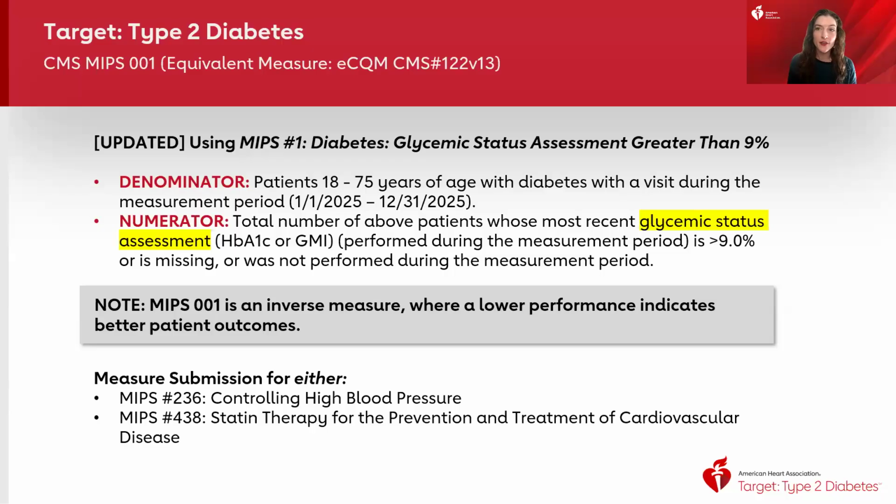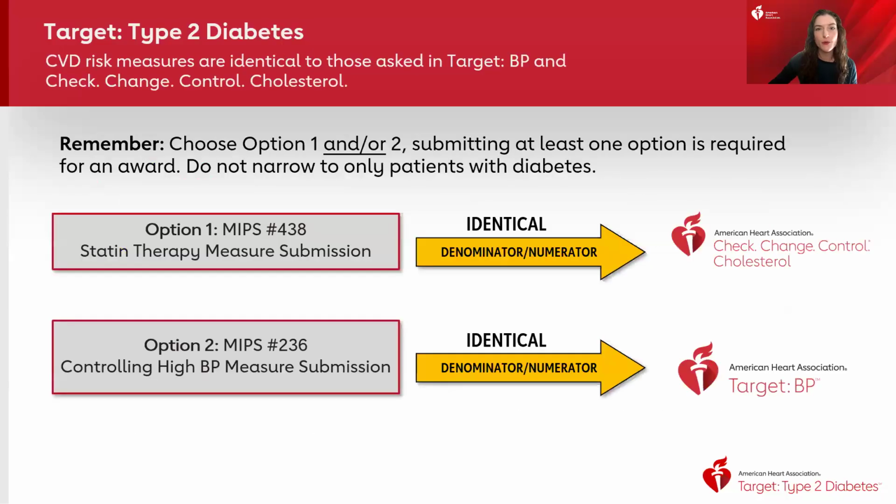This can be either MIPS 236 or MIPS 438, which are both the measures that Allison just walked through. So you can submit for one or the other or both wherever you have the highest performance.